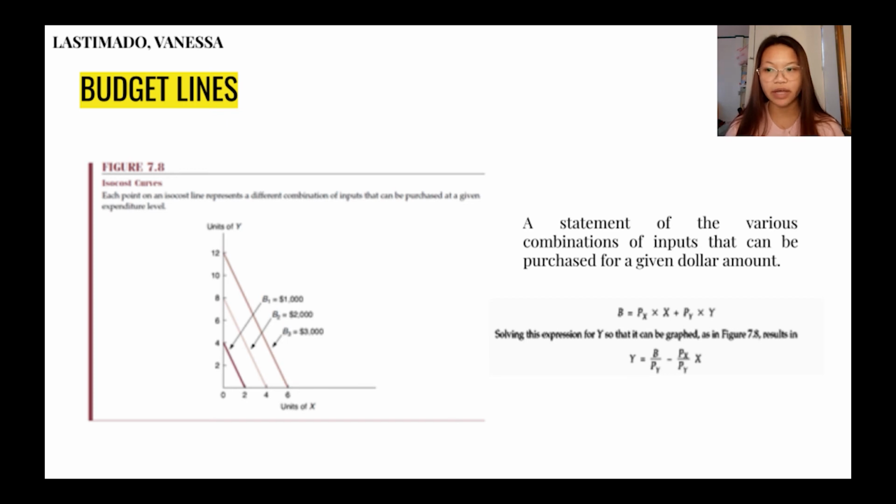Let P of X equal $500 and P of Y equal $250, the prices of X and Y. So for a given budget, let's say B sub 1 equals $1,000, the firm can purchase 4 units of Y, which is $1,000 divided by $250, and no units of X, or 2 units of X, which is $1,000 divided by $500, and none of Y. So these two quantities represent the X and Y intercepts of a budget line, and a straight line connecting them identifies all combinations of X and Y that $1,000 can purchase. So next slide please.